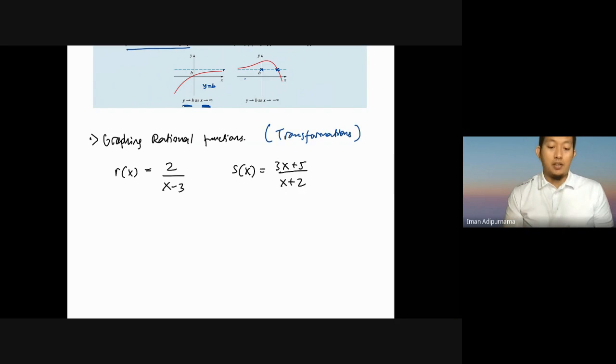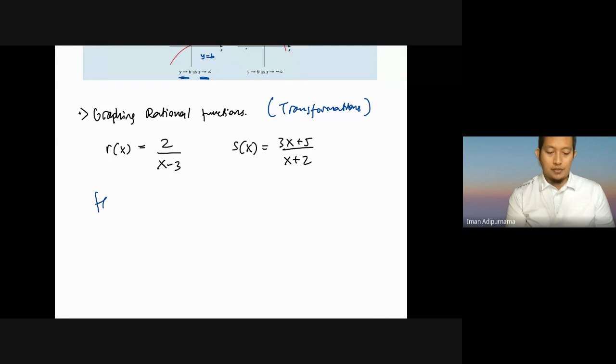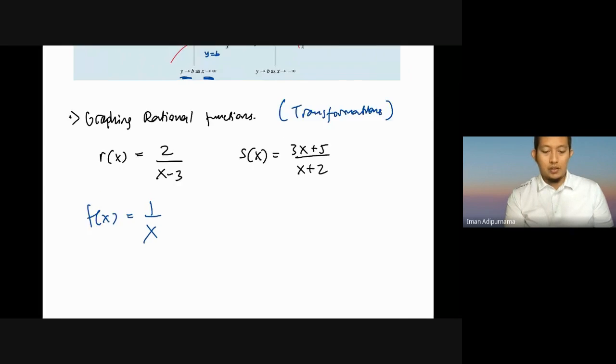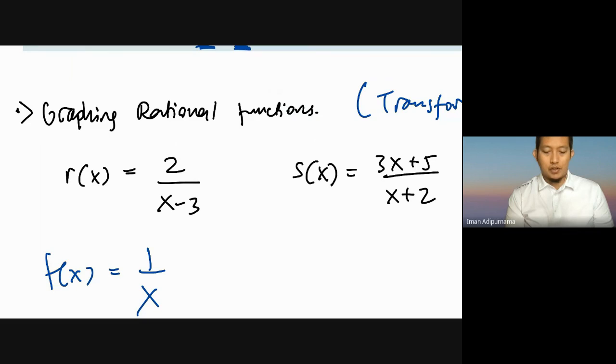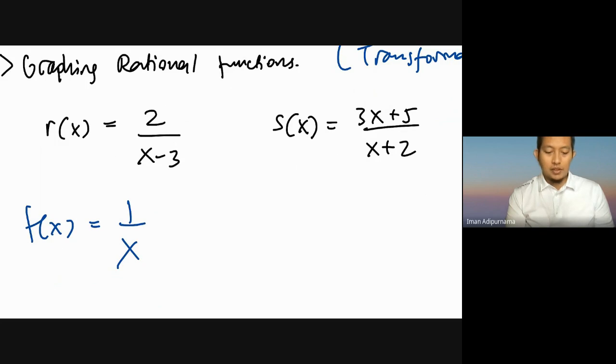If you remember the graph from the previous slides, we are using the function f of x that is 1 over x. Now, if we look at the rational functions r and s, I believe we can make them into 1 over x, right? For example, in this case for r, R of x is 2 over x minus 3.